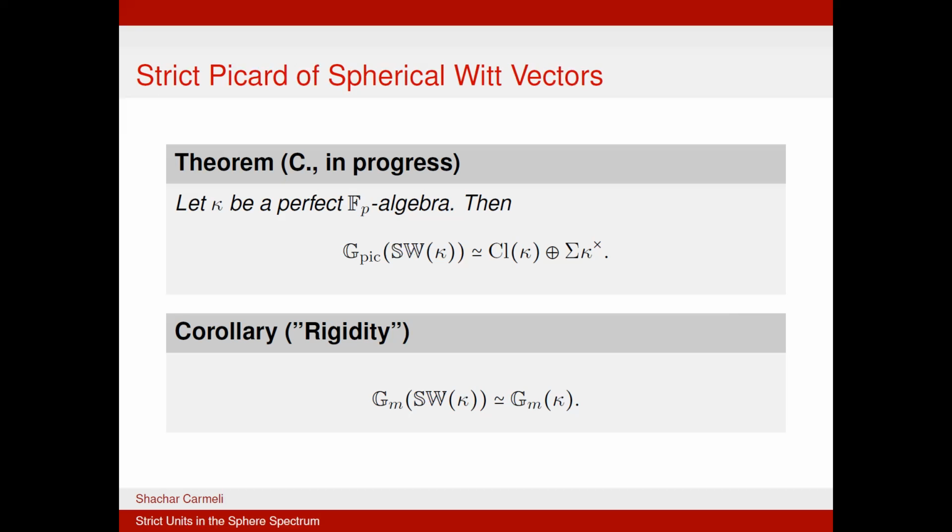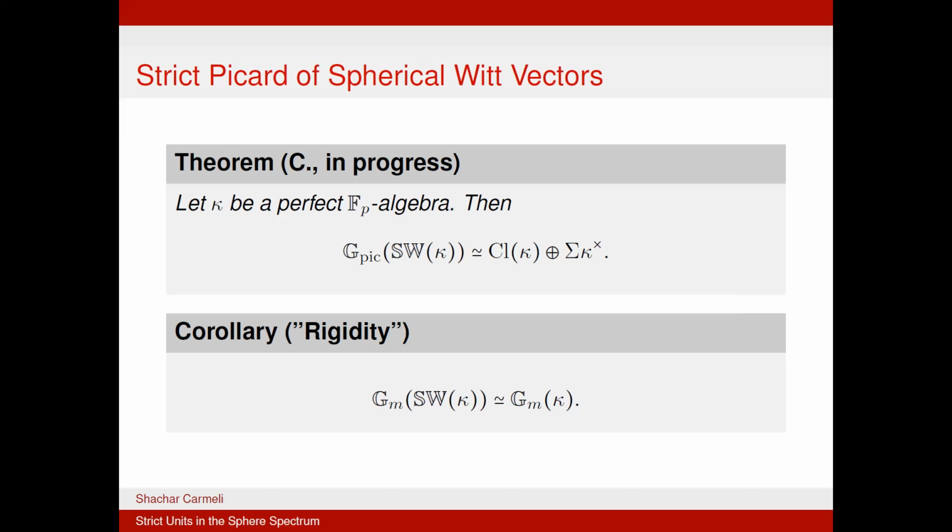I had a quick question about the computation. If G Pic of the sphere is Z hat, there's a forgetful map from G Pic to just Pic, and Pic's pi naught is Z. Yes. I suppose the map has to be trivial. If it is trivial, as I said, the only strict Picard element is the sphere.